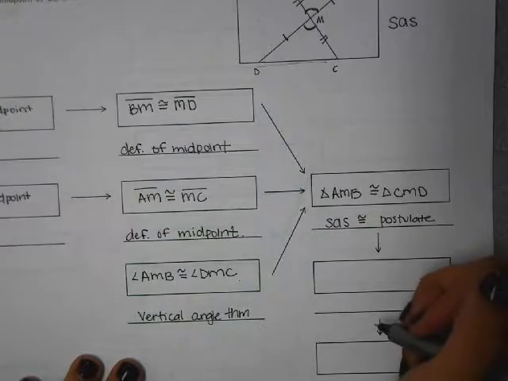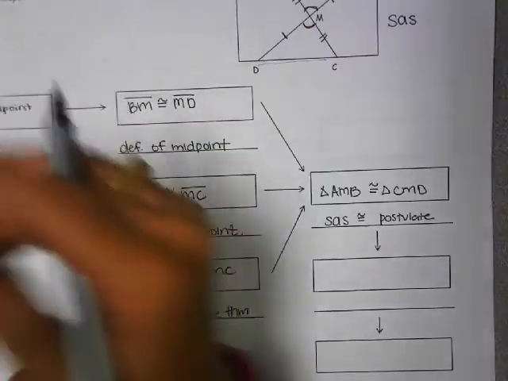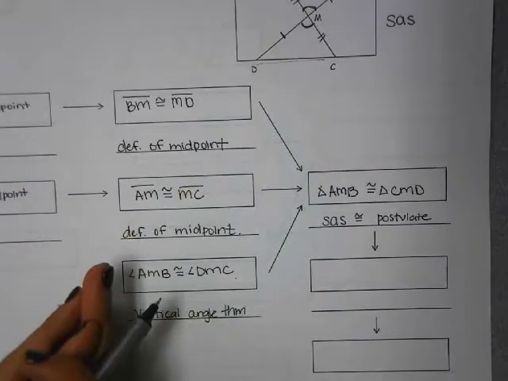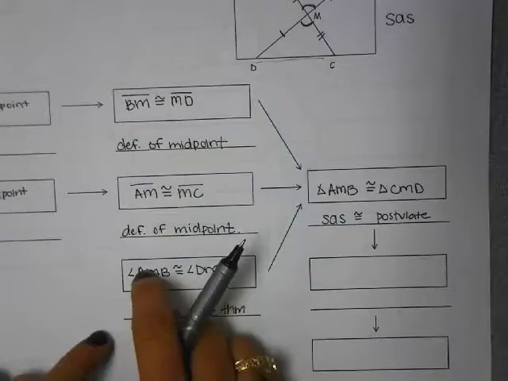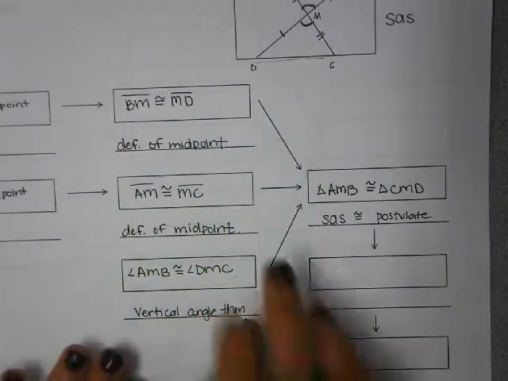Alright, so then, well, we're trying to say that they are parallel. Okay, so when we think back to those theorems that we learned, if we said that two angles were congruent, then we could prove that lines are parallel through a converse, right?